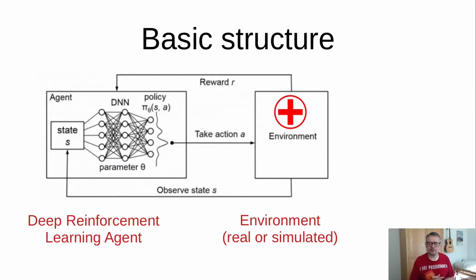So here's our basic structure. On the left we have our deep reinforcement learning agent, and on our right we have the environment, which may be real, or in our case it's a SimPy hospital environment.